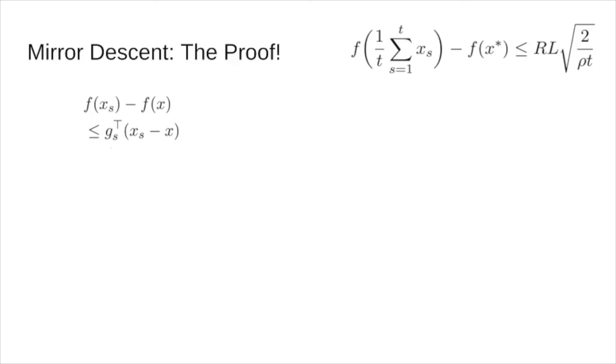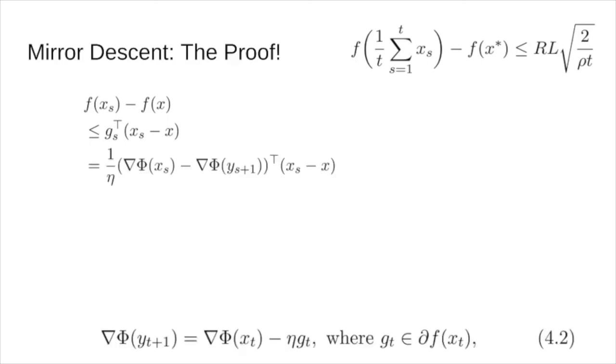So first we do the standard convexity thing where we bound it by its linearization. Then we use the update rule definition for mirror descent to replace the gradient at xs with these quantities that are from the gradient of the mirror map.